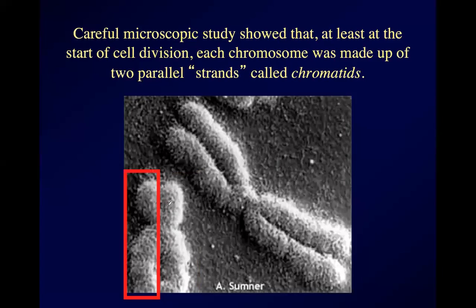Ooh, computer animation. I should be working at Pixar. There we go. So that chromosome is basically made of two strands, and they're stuck together more or less in the center. So there they are. And the larger chromosome next to it, I don't think I did the computer animation thing, but I'll draw it right now. There is one chromatid.